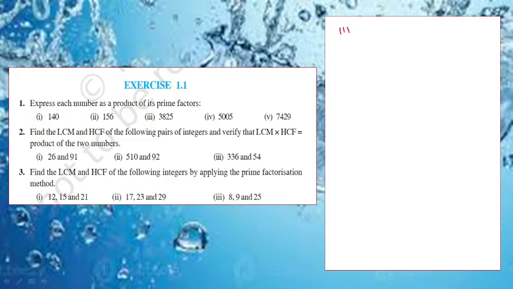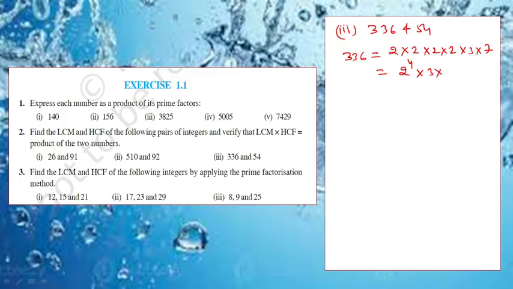Now third one, that is 336 and 54. So 336 can be written as 2 into 2 into 2 into 2 into 3 into 7. So we can write it as 2 to the power 4 into 3 into 7.